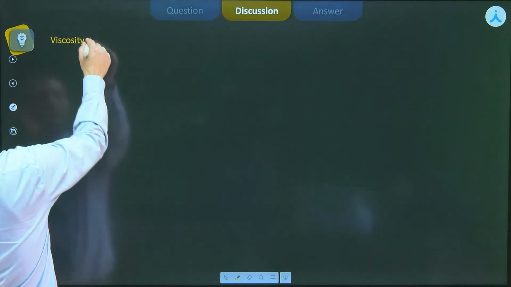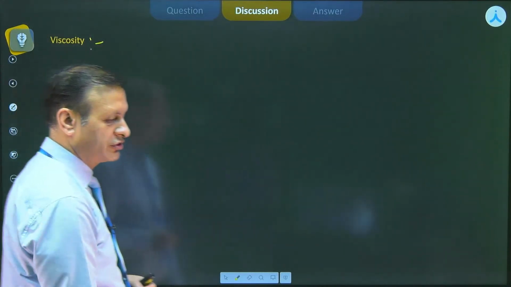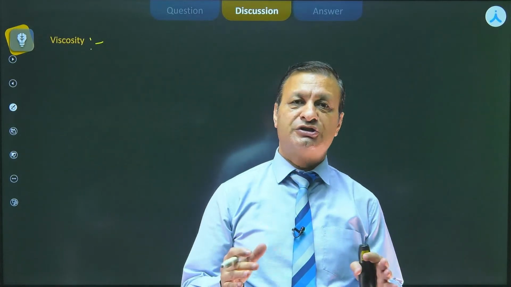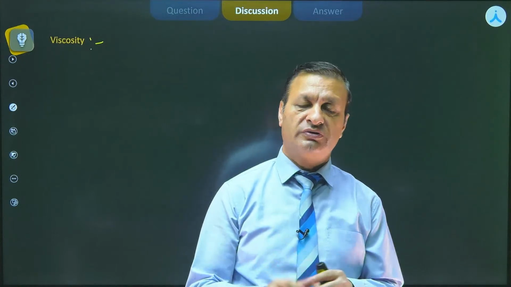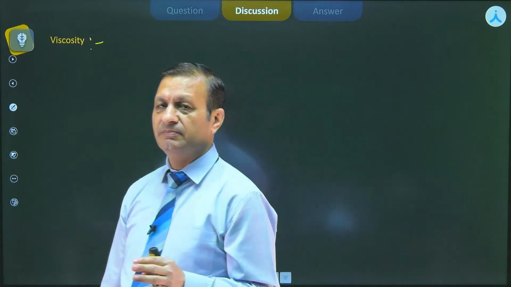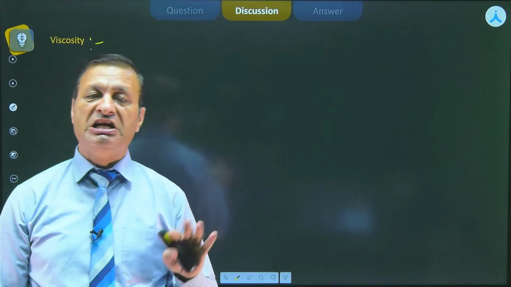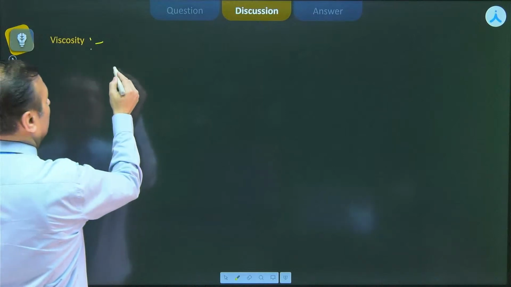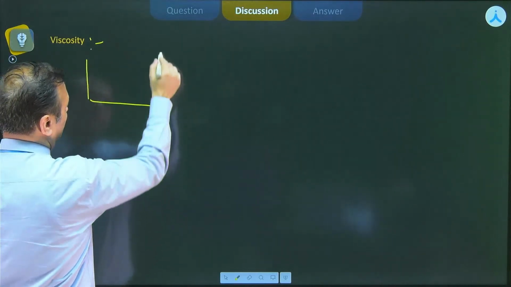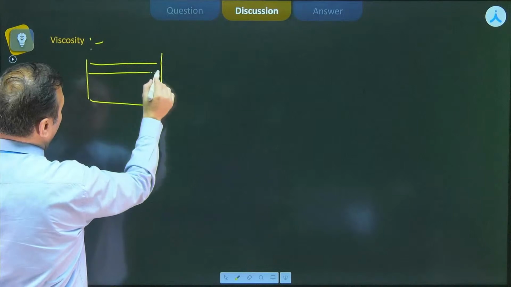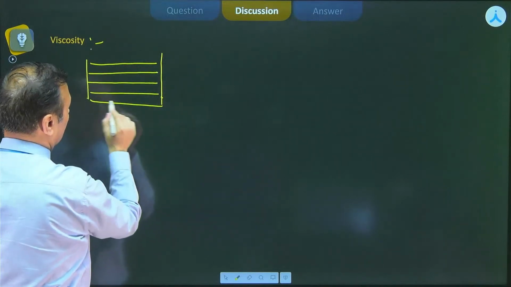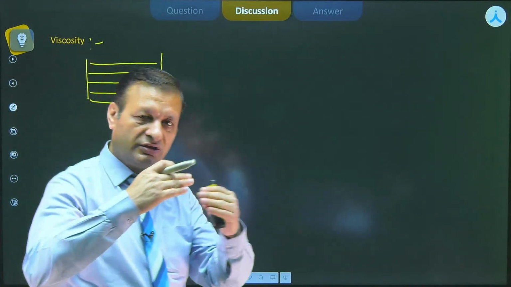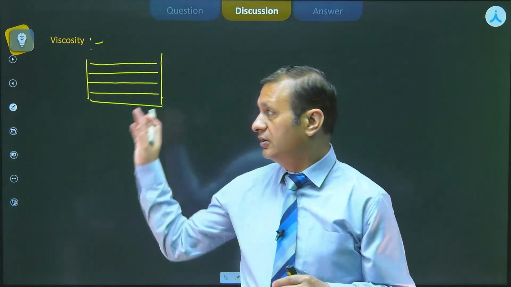Viscosity. Now viscosity is basically the property of the liquid by virtue of which it kills its own motion. This is also treated like a liquid friction, and we know liquid exists in layers, and you have cohesive forces between the different molecules of the different layers.